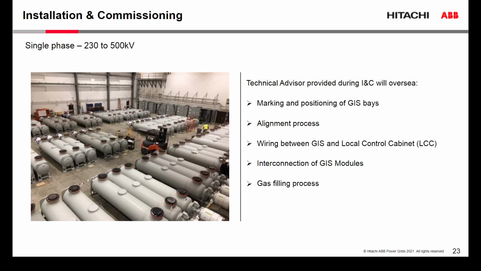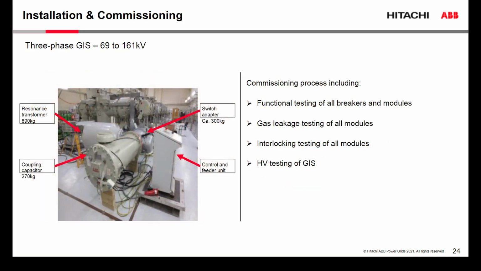When all the steps are done, we are moving forward to the commissioning of the equipment, and also here the technical advisor will guide through that commissioning process. That means all the breakers are functionally tested, all the modules are tested, disconnect switches are tested, gas leakage testing is done, interlocking testing is done, high voltage testing of a GIS is done.